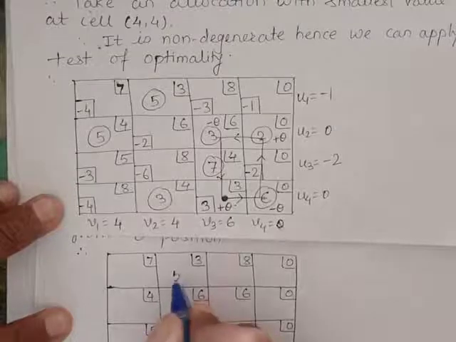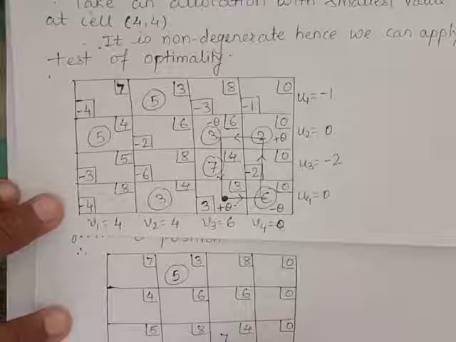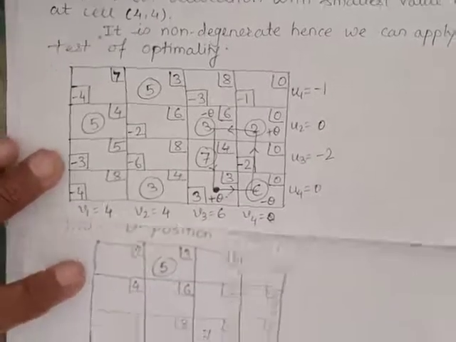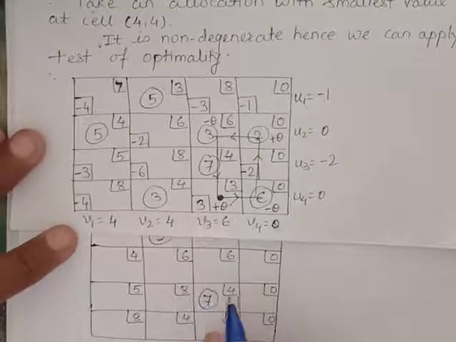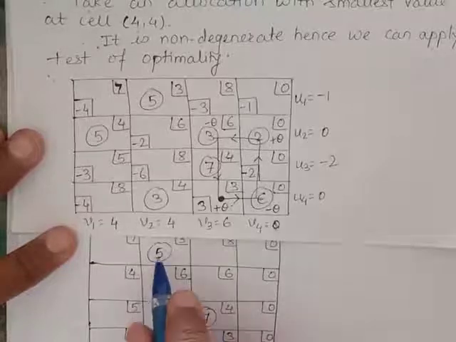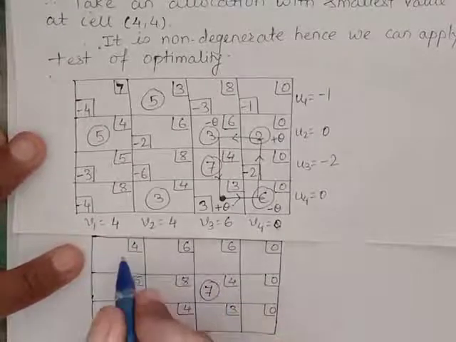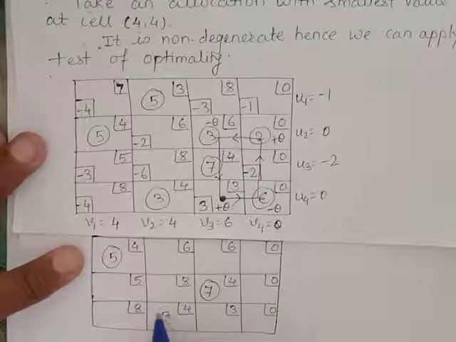So the allocations are previous allocations. Let me do as it is. Here it is this 7, as it is. This 5 I have done, so there will be no allocation in that row. So this 7 as it is. Here again 5, here it will be 3.